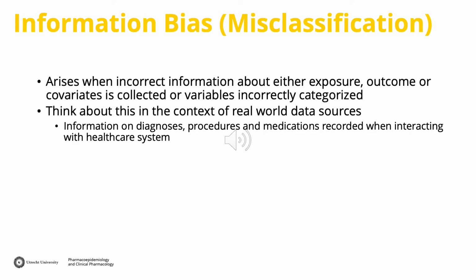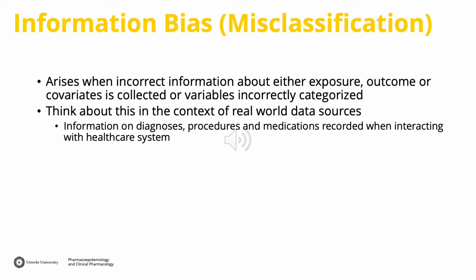Information bias is another really important source of bias in observational studies. It's also known as misclassification. So information bias can arise when incorrect information about either the exposure, outcome, or covariates or patient characteristics is collected, or variables are incorrectly categorized. So again, we want to think about this in the context of real-world data sources that we use to conduct observational studies and measure our exposures and outcomes.